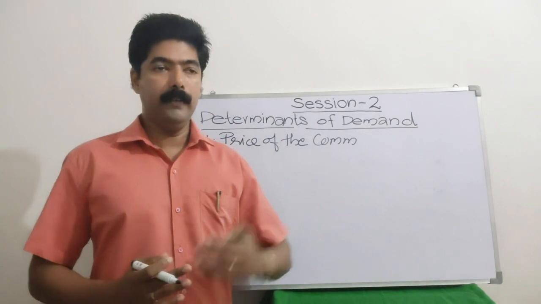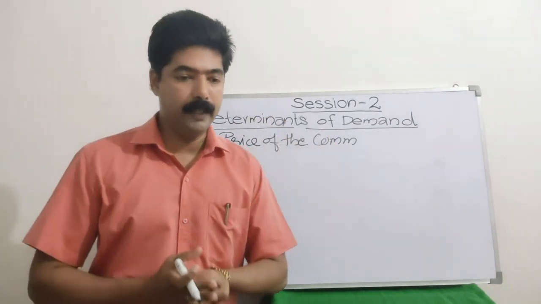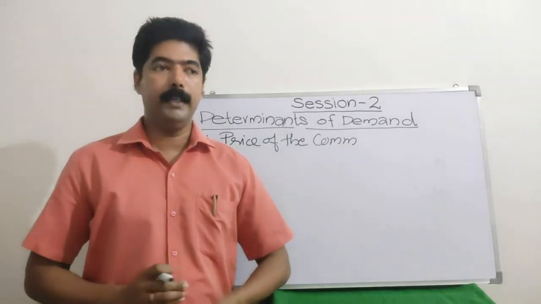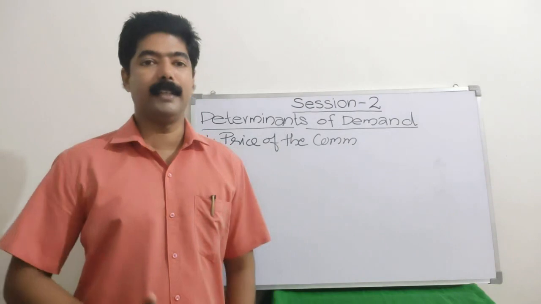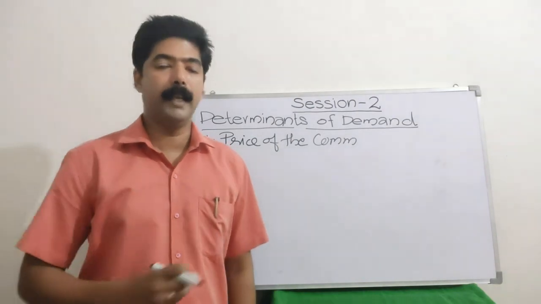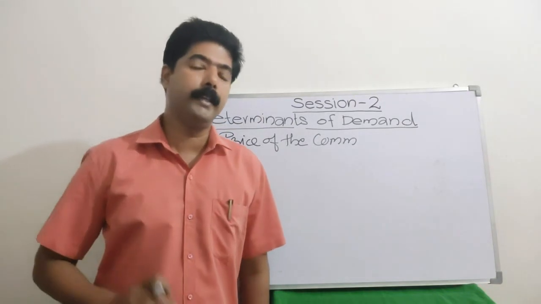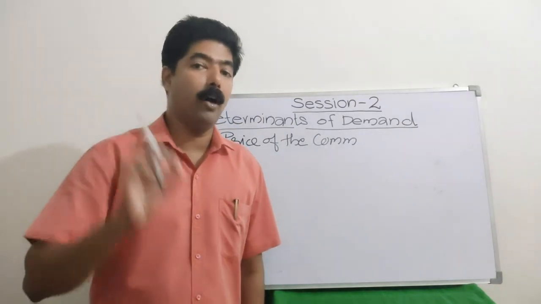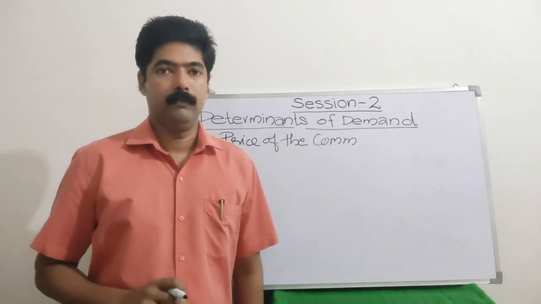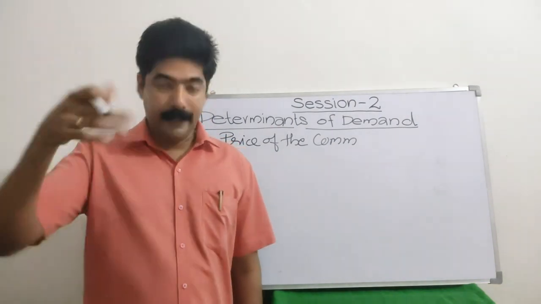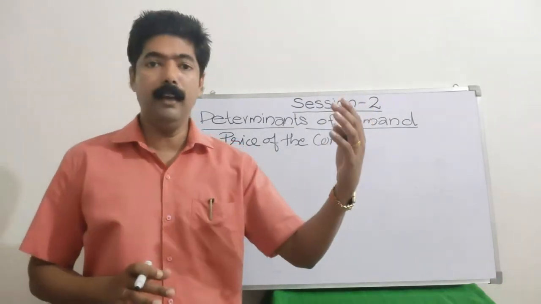Normally, we will see there is an inverse relationship between the price of the commodity and the demand. What do you mean by inverse relation? It's a simple term: when the price of the commodity increases, the demand of that commodity decreases. When the price of the commodity decreases or diminishes, the demand of that commodity will increase.